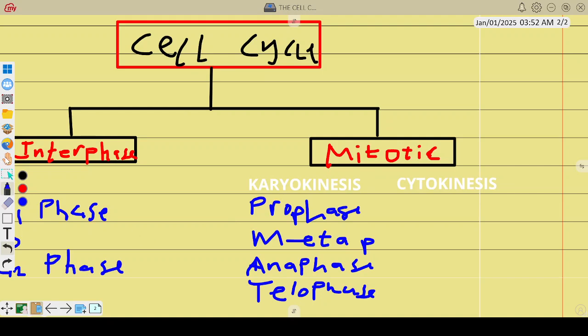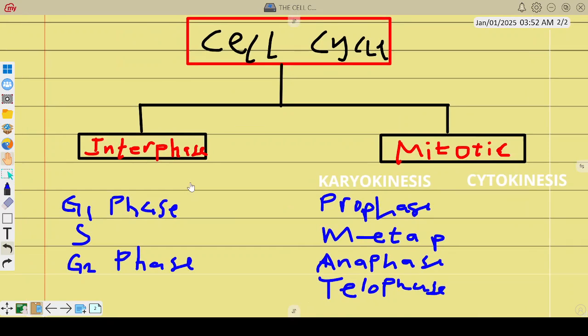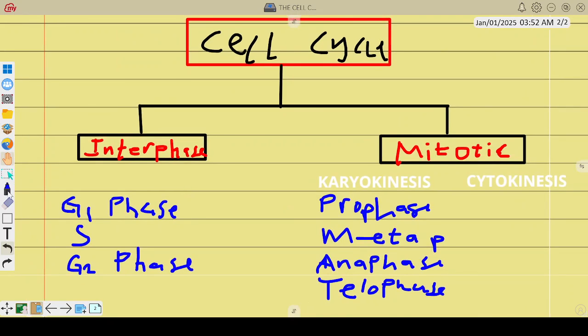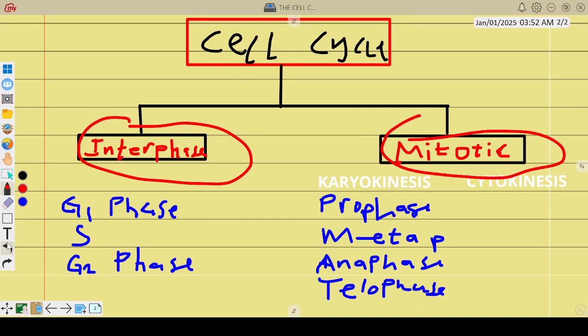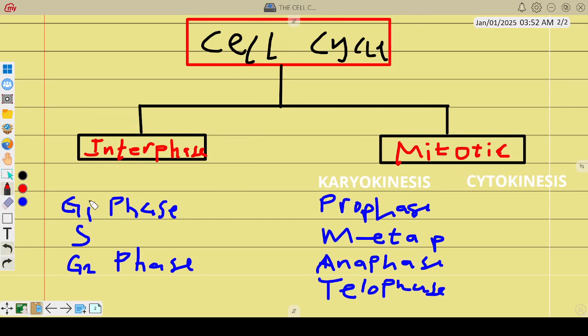Alright, so this is the skeleton of the cell cycle. The cell cycle has an interphase and a mitotic phase. Under the interphase we have G1, S, and G2. Under mitotic we have karyokinesis and cytokinesis.